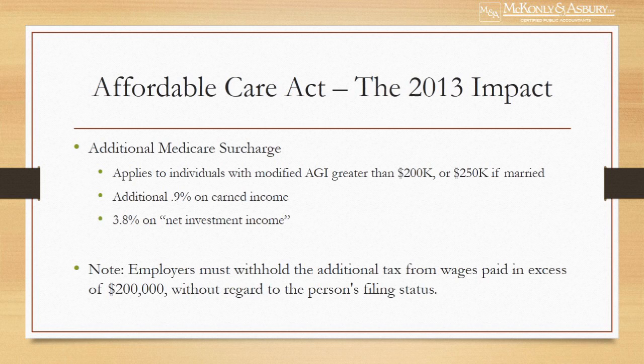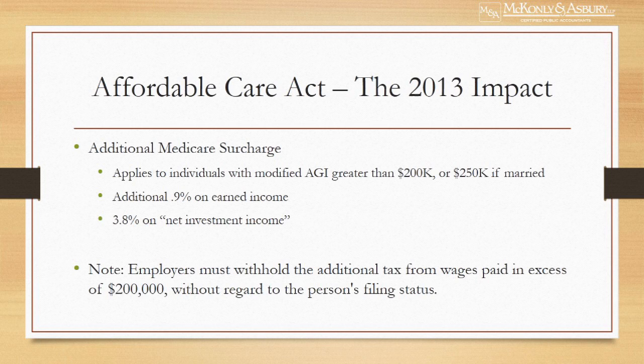So more individuals will be subject to the Medicare surcharge, whether it be the additional 0.9% on earned income or the 3.8% on unearned income, than those that will be in the highest tax brackets. The 39.6% bracket or the 20% bracket for long-term capital gains requires higher income than the Medicare surcharge does as far as when it kicks in.